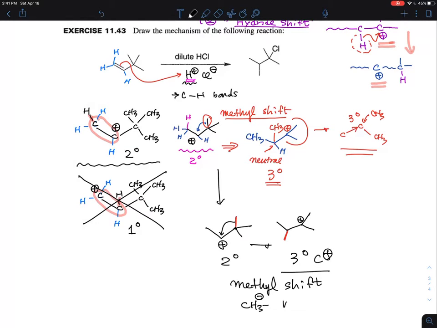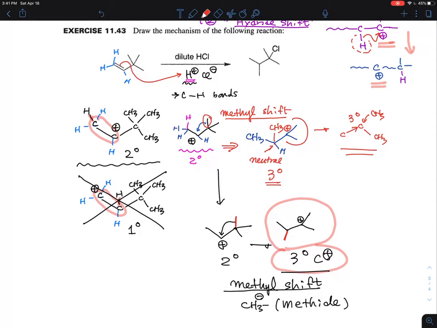So this is a methide, which sometimes you just call a methyl shift. It's just an understanding of moving the electrons around to achieve better stabilities.